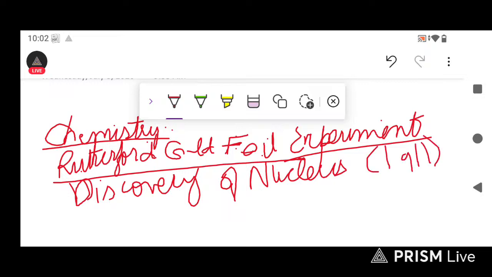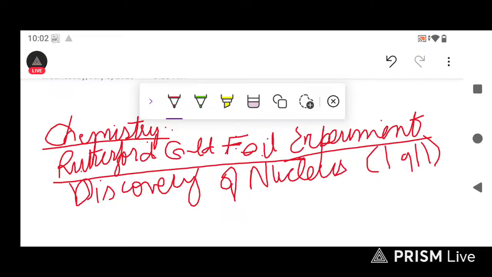You must memorize these years as well, because in the board exam such years will come in the MCQs or in short questions.